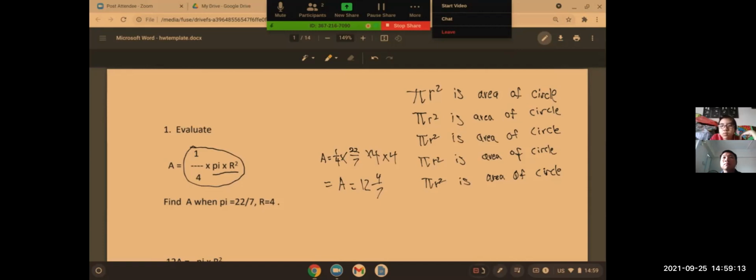No, there's a name for it. Half is mathematics. Semicircle. Very good. So half circle is semicircle. Quarter circle is? What's the name?